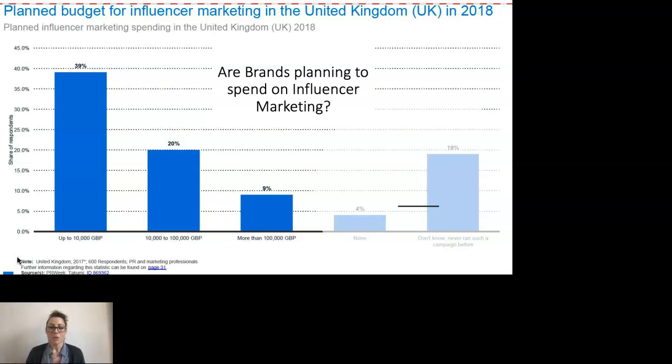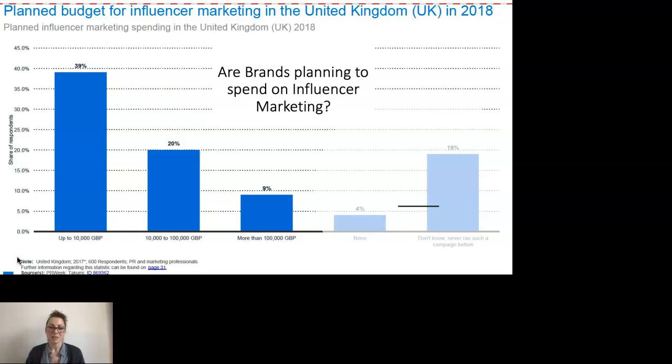And 9% were going to spend over £100,000 on influencer marketing in 2018. Again, it's very difficult because some of these companies could have been huge, like Procter and Gamble, which owns all the different toiletries and shampoos that we see, or they could be small companies. But what we can see is that companies are certainly spending a large amount on influencer marketing.